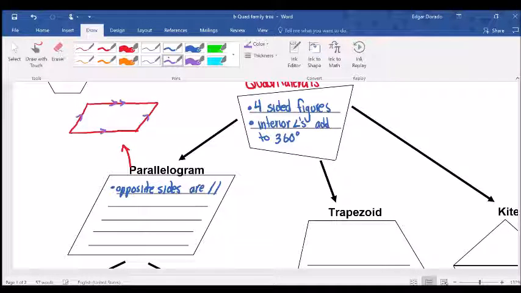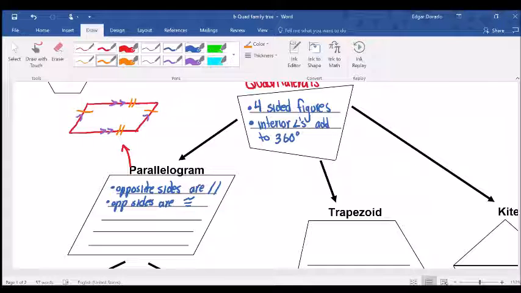This side is parallel to this side. Okay. All right, let's go back to our characteristics here. Next thing is that opposite sides are congruent. So basically, this side is the same length as this side. This side is the same length as that side.